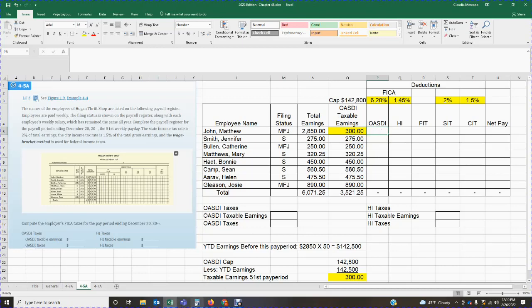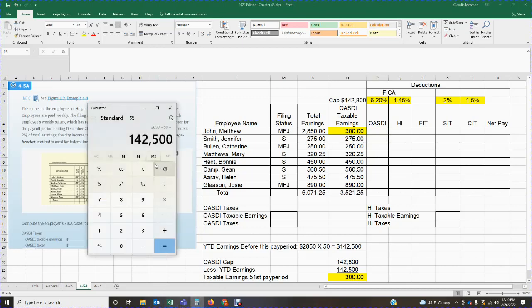I get my OASDI taxable earnings, which is $300, and I multiply it by my rate of 6.2%. That gives me $18.60. That is the amount that you're going to enter there, and you're going to be doing the same thing for the rest.